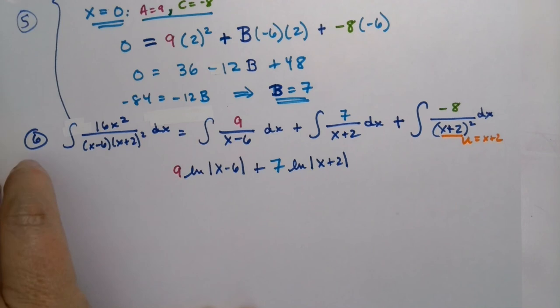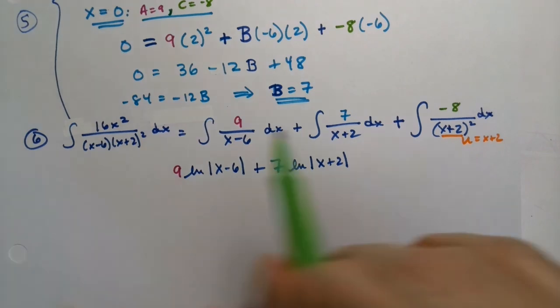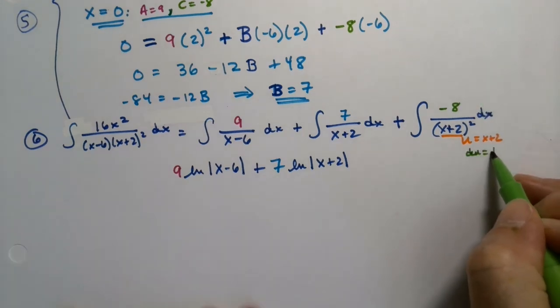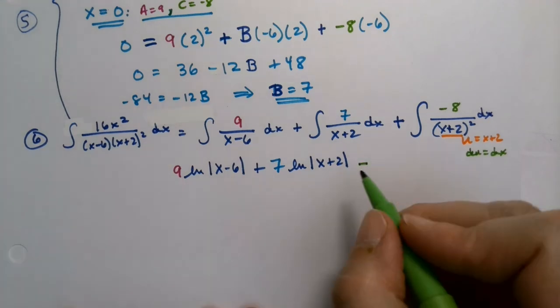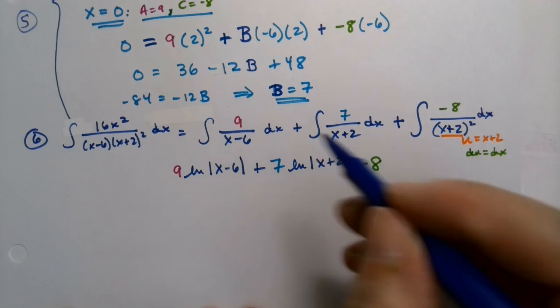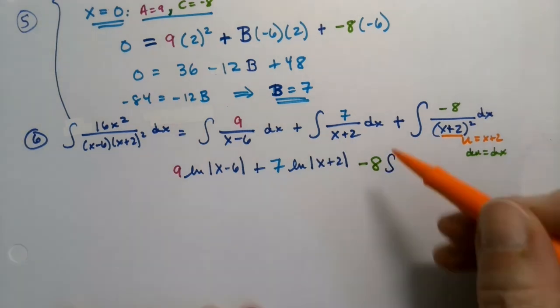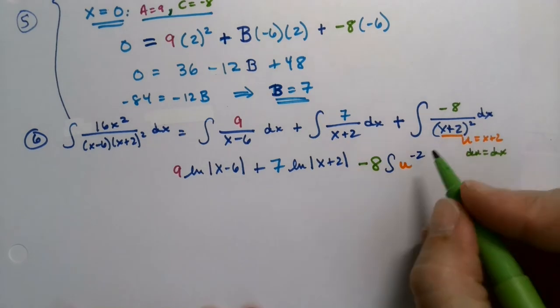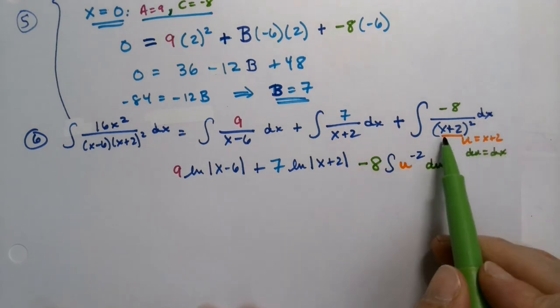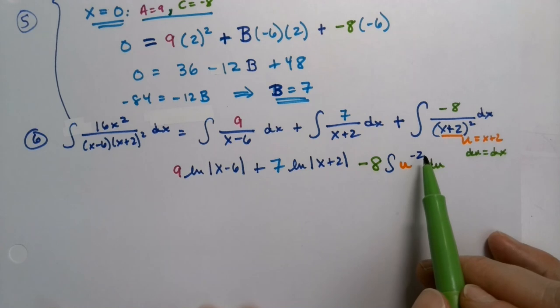So u is x plus 2, then du is dx. So that's easy. It's not a difficult u substitution, but we have to do it. So then this will be -8 integral u to the -2 du, like that, right? Because we have u squared in the denominator, so that's u to the -2.